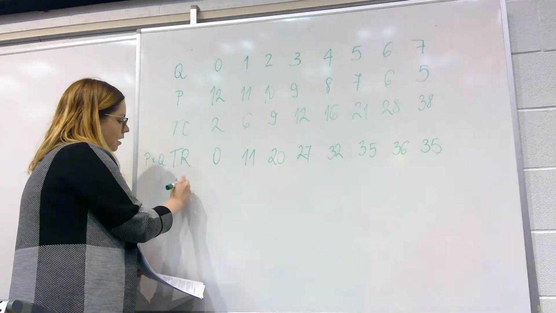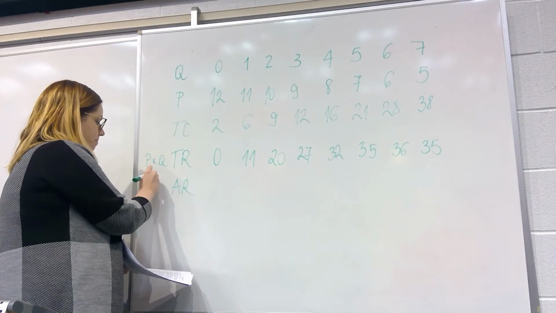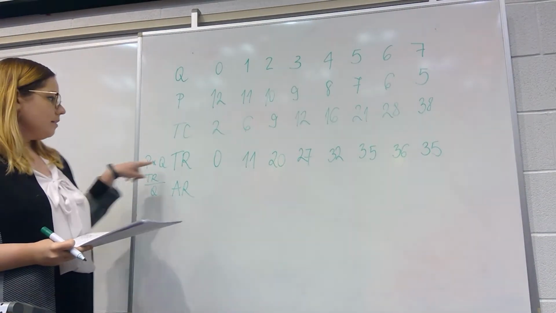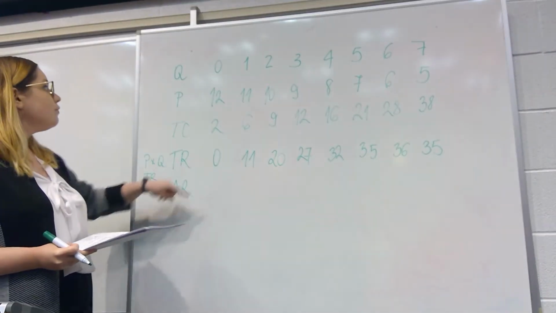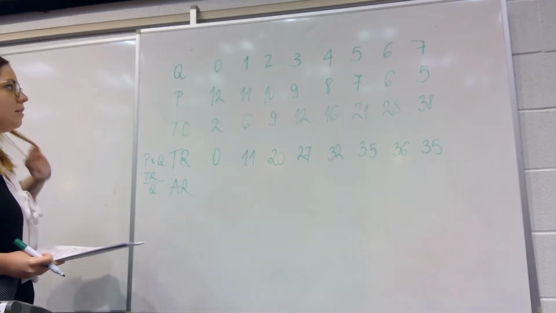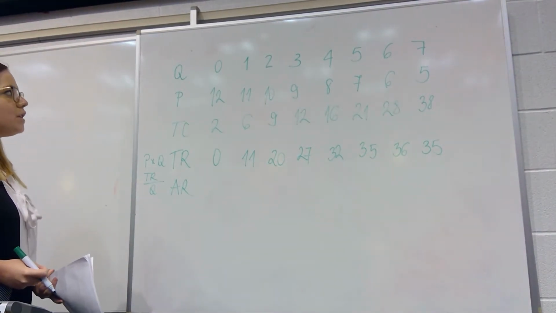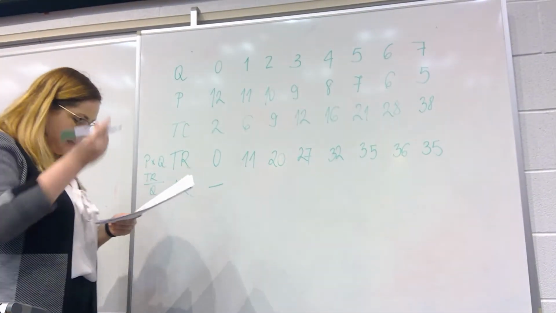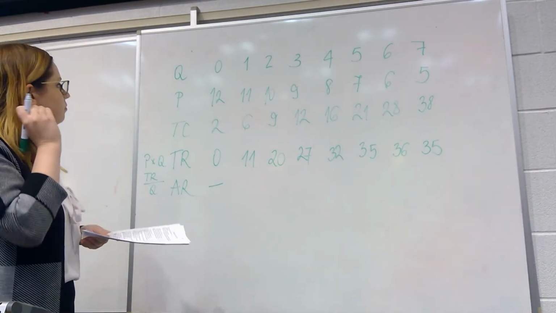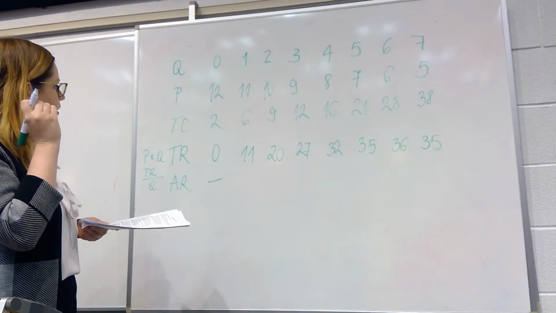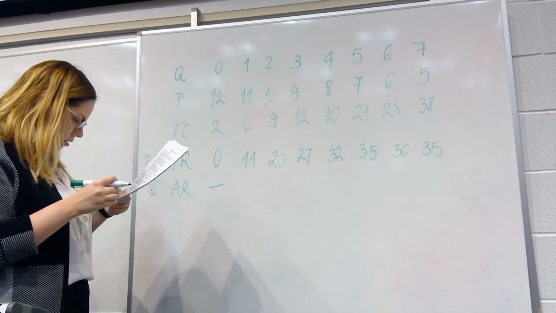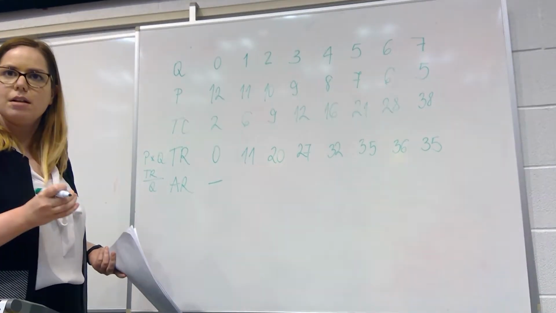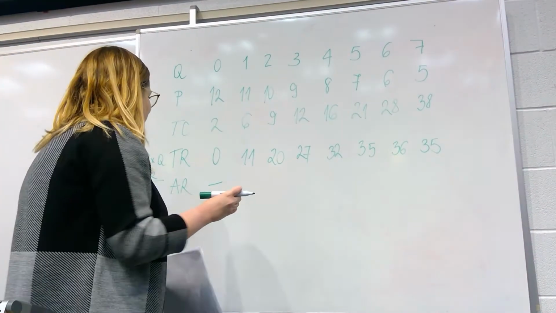Average revenues are total revenues divided by the quantities. So we are looking at the column of total revenues that we just obtained, and we are dividing them by the row of quantities. So 0 divided by 0 is 0.